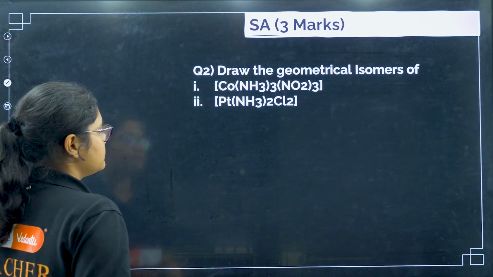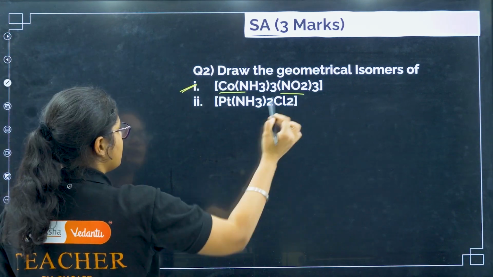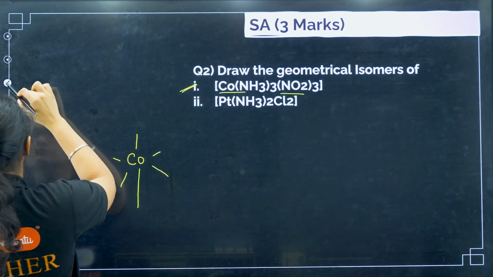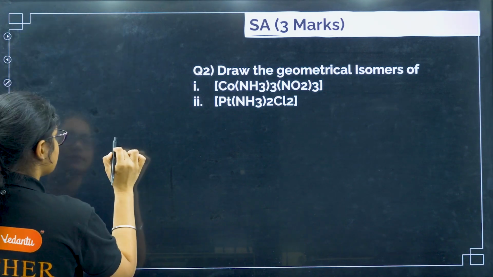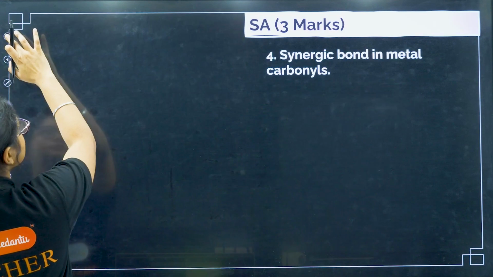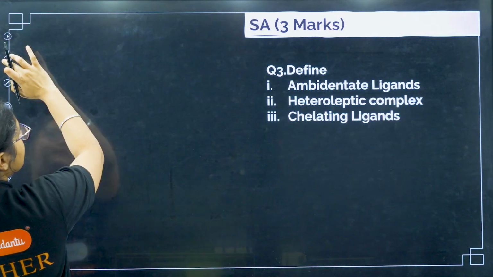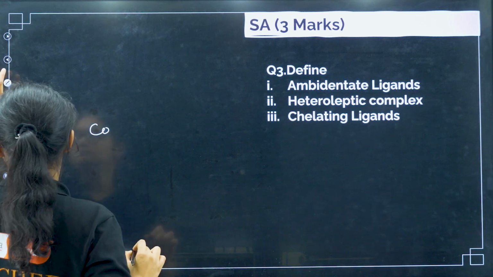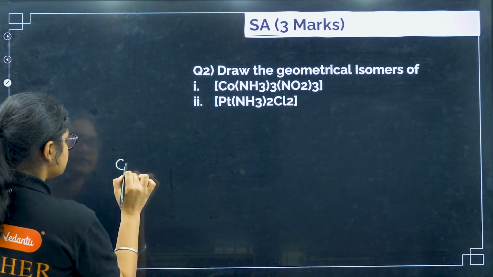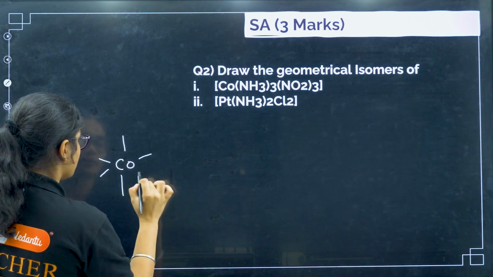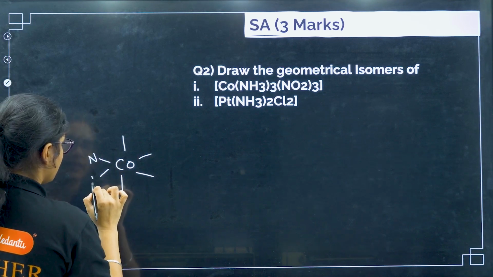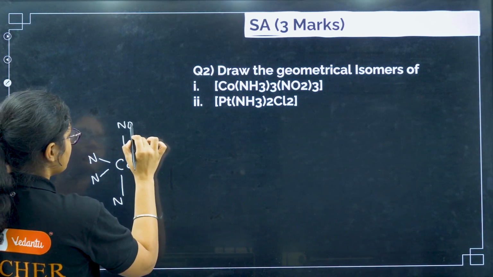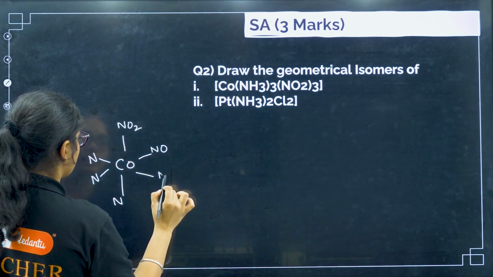Next, geometrical isomers, this is important. You have facial and meridional, Co. So you can see here, if I draw, so I have Co, okay, so if you take this one, N, N and N, I am just writing in short, and this is NO2, NO2 and NO2.